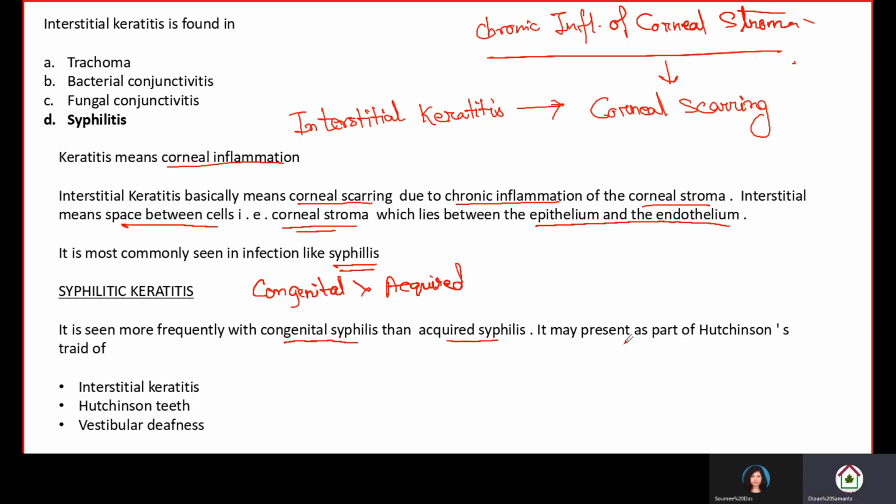It may present as a part of Hutchinson's triad. Hutchinson's triad is interstitial keratitis, Hutchinson's teeth, and vestibular deafness. Hutchinson's teeth is like this incisor. The typical shape of the incisor will be like this. Hutchinson's teeth.